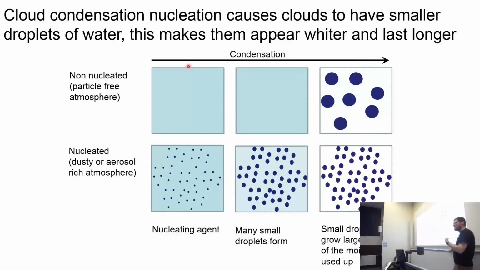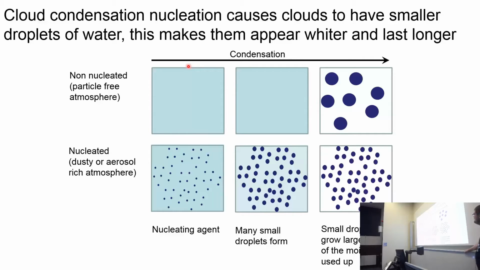Those water droplets can't form unless there's something for them to precipitate out onto. So the little parcel of atmosphere gets supersaturated, so it's got too much water in the gas phase, and it wants to condense that out into water droplets, but it can't do it because there's nothing for the water to condense onto.